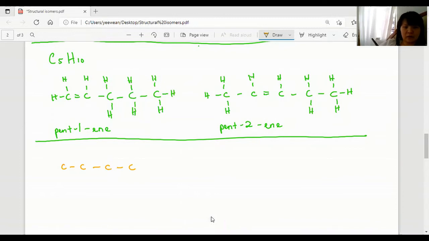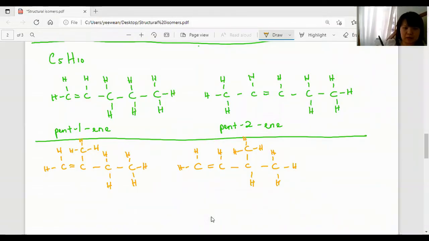Let's move on to a butene. So I'll put the double bond here first, the first one. And I'm going to move the methyl around. Okay, no other place to put my methyl. Let's name this. Smallest number for the functional group here, the double bond.